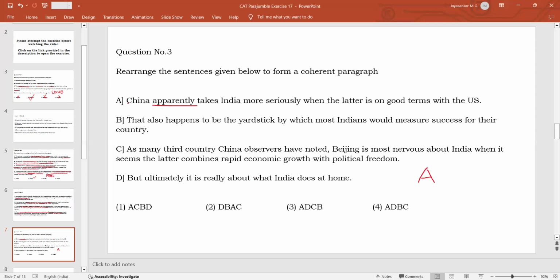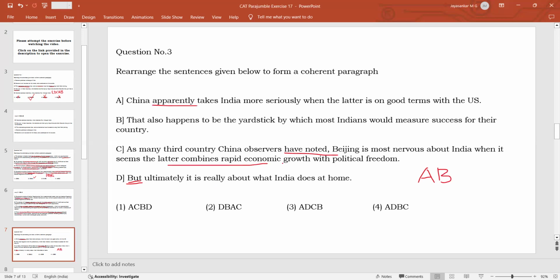So this sentence is definitely followed by this, because we are talking about a contradiction here. This is not true. But the word but is very, very important. But ultimately, it is really about what India does at home. So it is not about our relationship with USA. It is about what India is doing at home that matters. So what is it India is doing at home? Yes, this one.